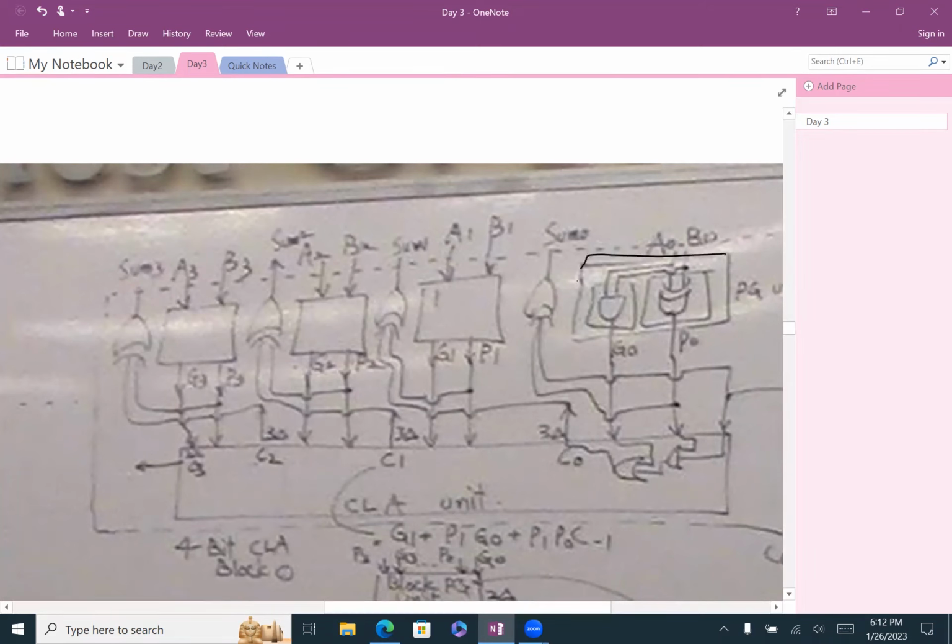Look at this one. So remember, we're trying to find B0 and G0, correct? And what's the delay here, if you remember? It's 1 delta, correct? Because it's a 1 level circuit. Even though XOR is 2 delta, we'll assume now it's 1.